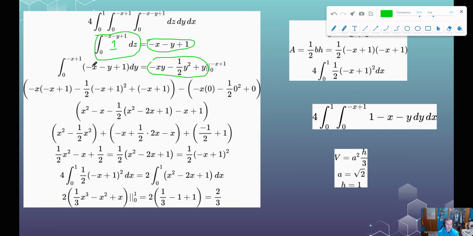Remember, we treat the x as a constant since we're integrating with respect to dy. 1 is just a constant of itself. So you get negative xy minus 1/2 y squared plus y evaluated at our bounds 0 and negative x plus 1. So you plug all that in, you simplify it down, and oh, that's interesting. You get 1/2 times the quantity negative x plus 1 squared. Well, that is quite interesting.